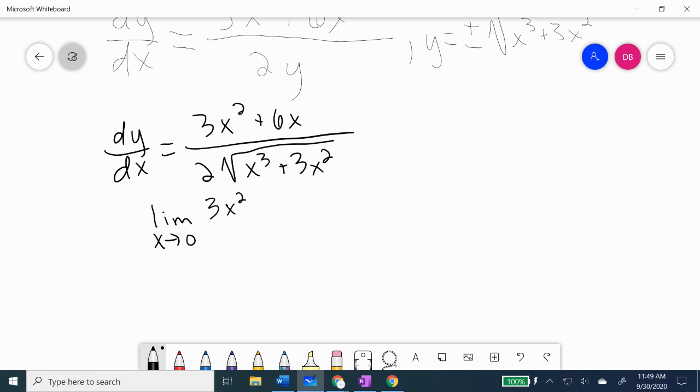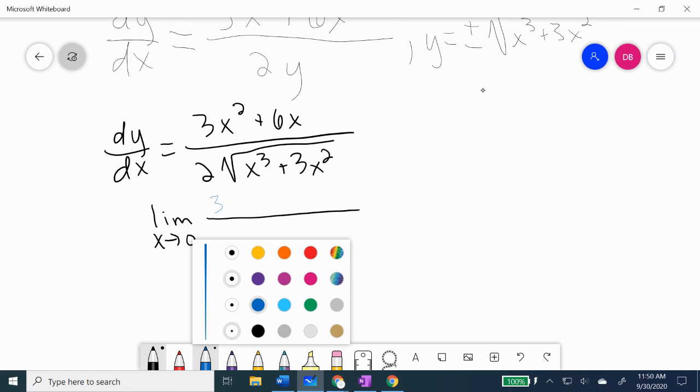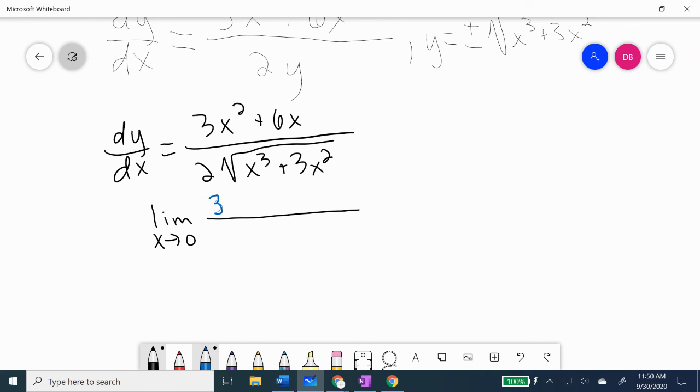And actually, while I'm here, how about I just start doing some factoring? So if I look at the numerator, I can factor a 3 and an x out of that numerator. And that will leave me with an x plus 2.